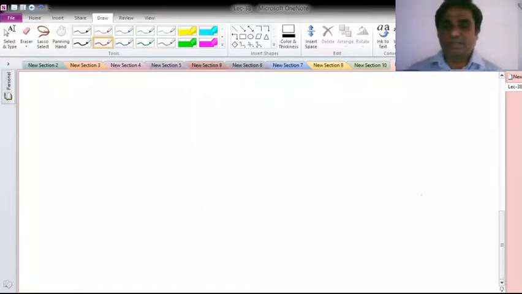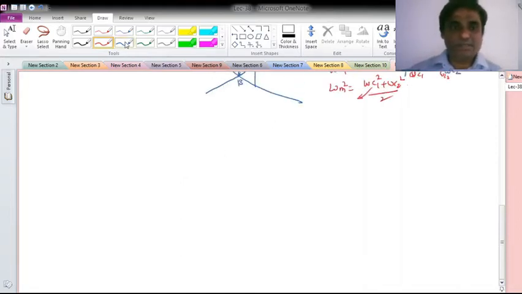Okay. Now with this we'll take an example. Suppose I have the network transfer function H of s equal to 34 over s square plus 6s plus 34.